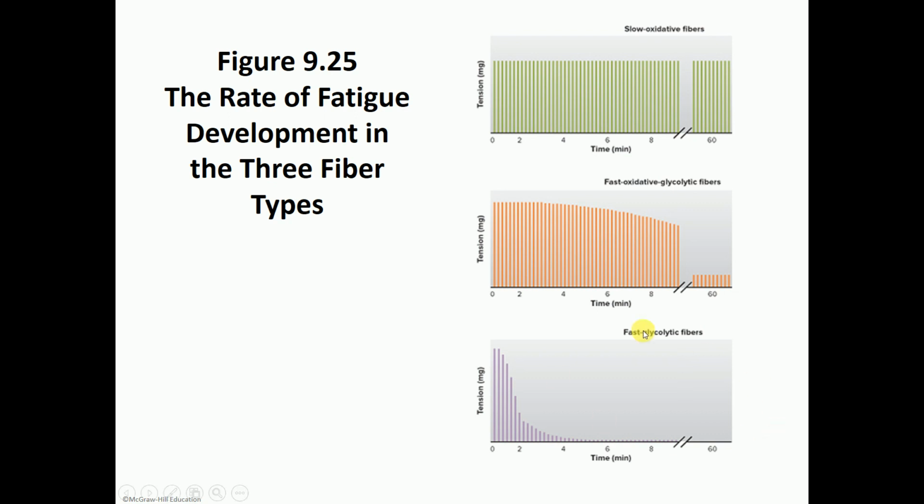While these fast glycolytic fibers, although they are fast twitch, fatigue very easily. So think of a sprinter, a person that is going to do fast runs. They sprint using these fast glycolytic fibers, and they will continue that run using the fast oxidative glycolytic fibers that are a little bit more resistant to fatigue.